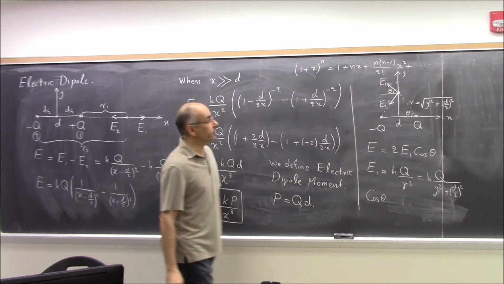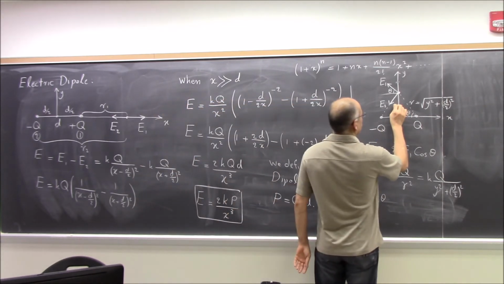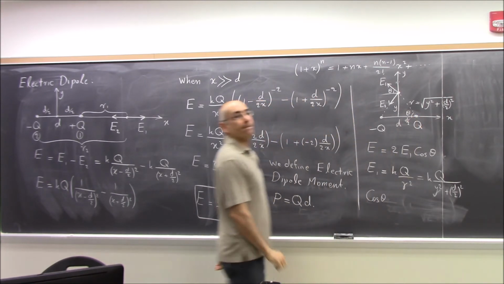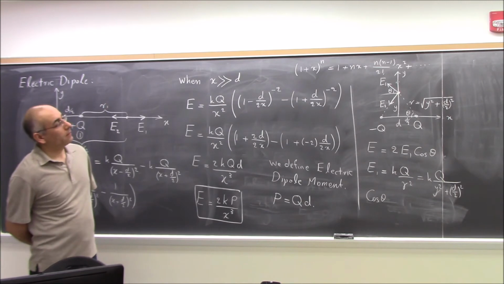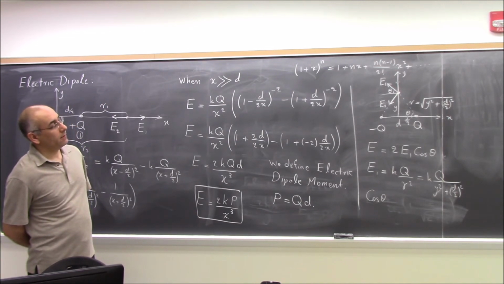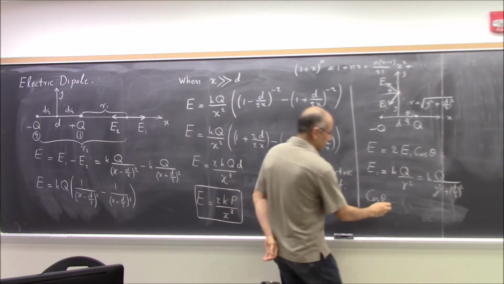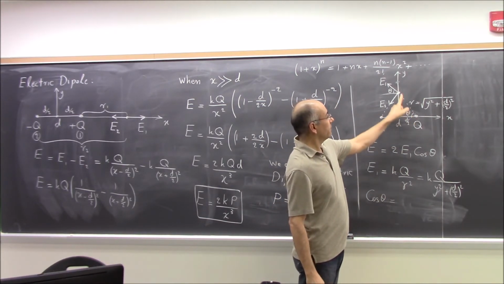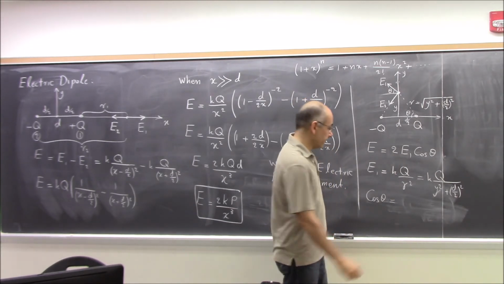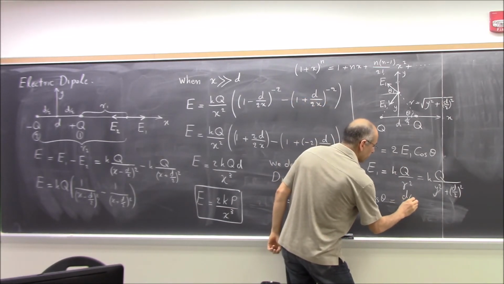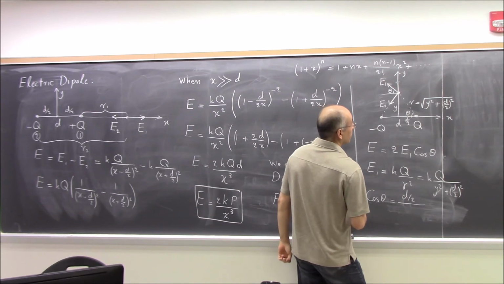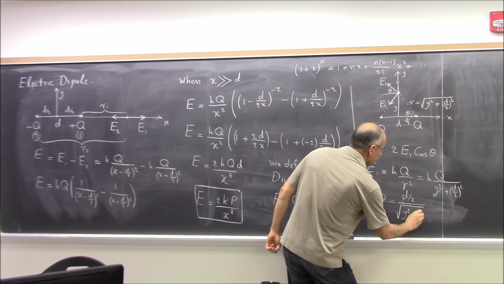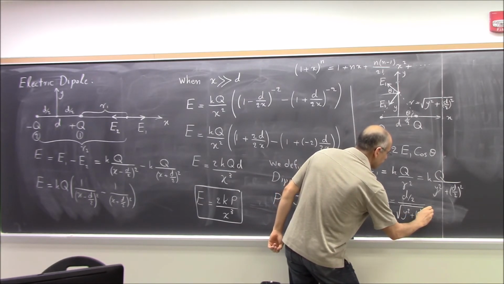I want to write it in terms of y. This is y. This is d over 2, right? What is cosine theta? In that right triangle, it is adjacent over hypotenuse, right? So d over 2 divided by r, which is square root of y squared plus d over 2 squared.